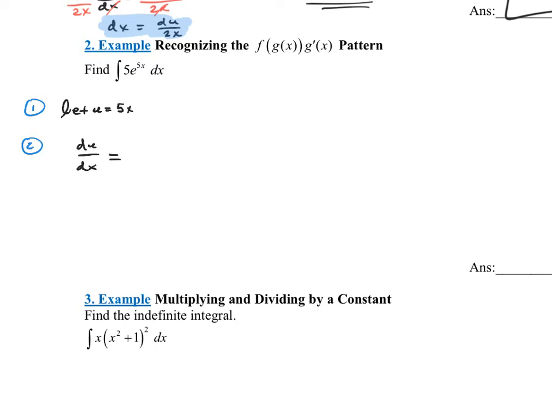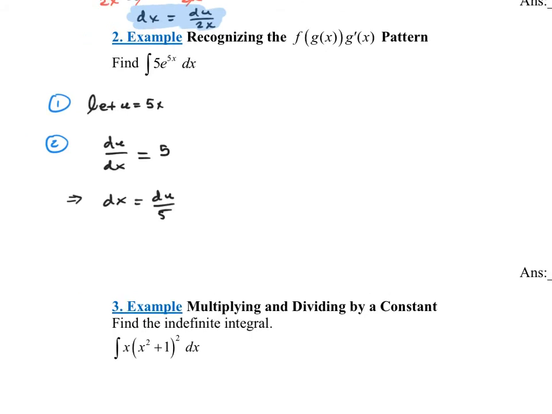And on the right-hand side, the derivative of 5x is simply 5. I have to solve for dx. So all I do again is just cross multiply. The dx is going to go over here. The 5 is going to go down there. So I'm just swapping those. So dx equals du over 5. Okay? And that's what I said was step 3.